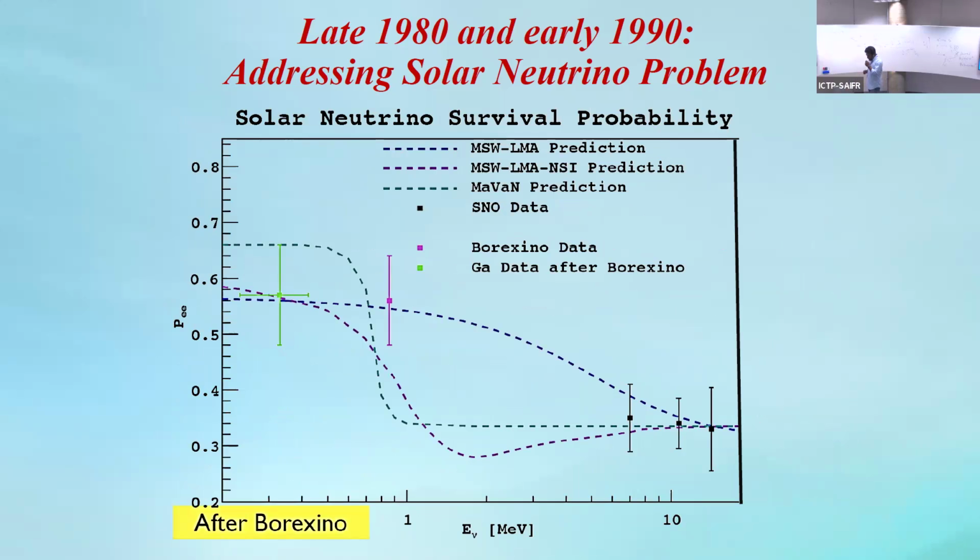one interesting thing, as I mentioned earlier: if you look at the high energy neutrinos, around 10 MeV, the electron survival probability is around 0.3, but if you go to lower energy after the Borexino data, it's like 0.7 or so.